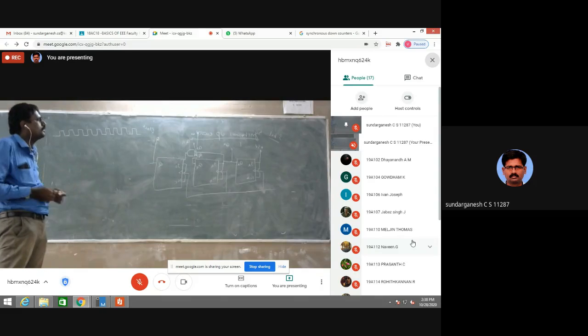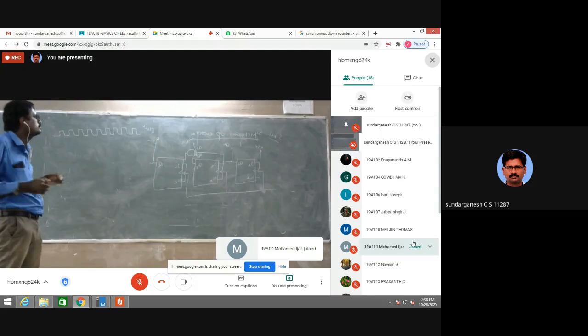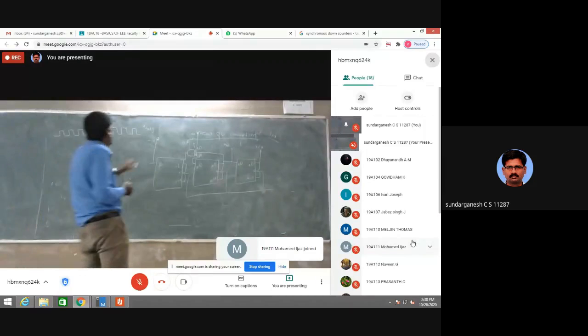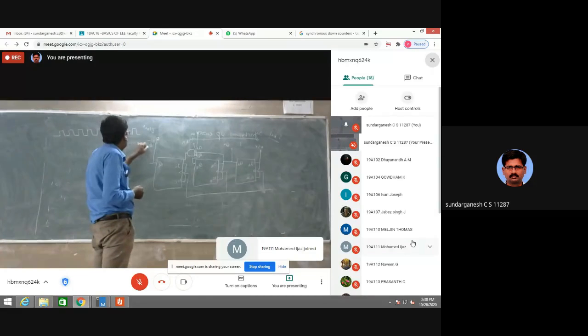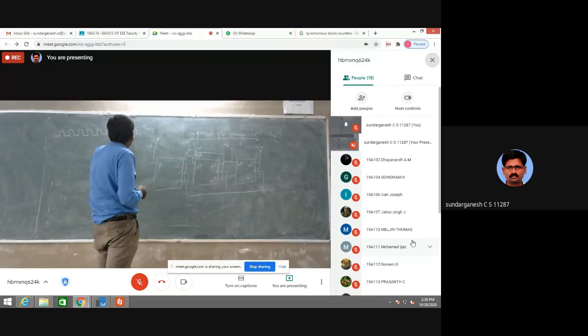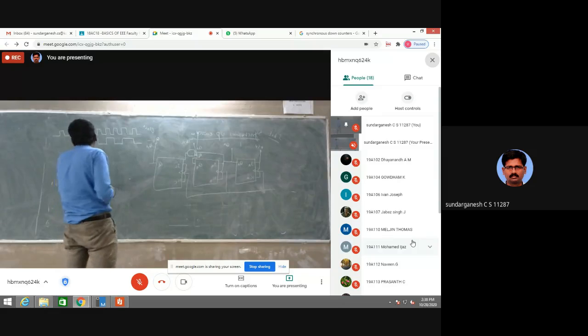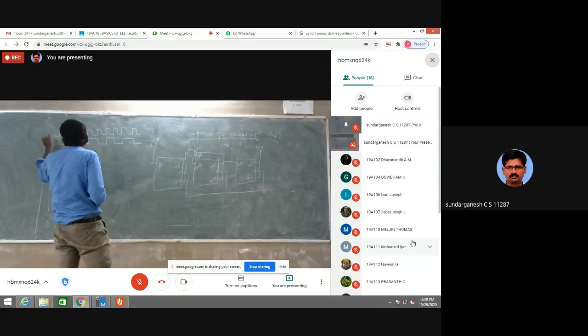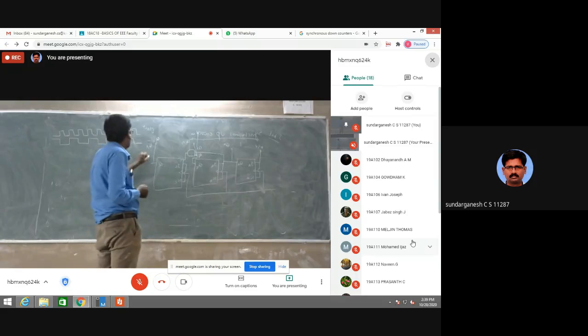It is continuously given plus 5 volts, so it will toggle at every clock pulse. QA will toggle at every clock pulse, at the negative edge of the clock pulse. But this is QA, no problem.